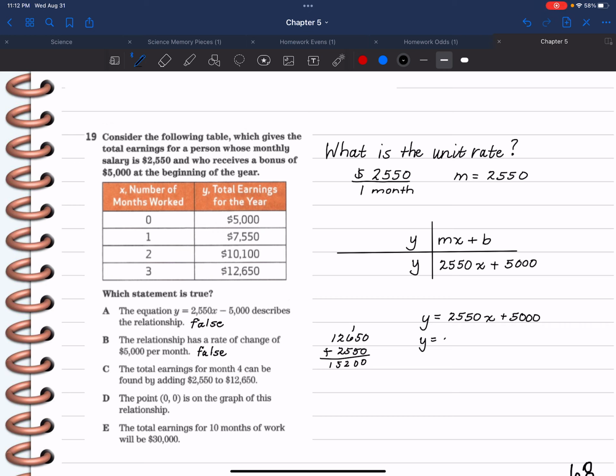So y is 25.50 times 4 months plus 5,000.